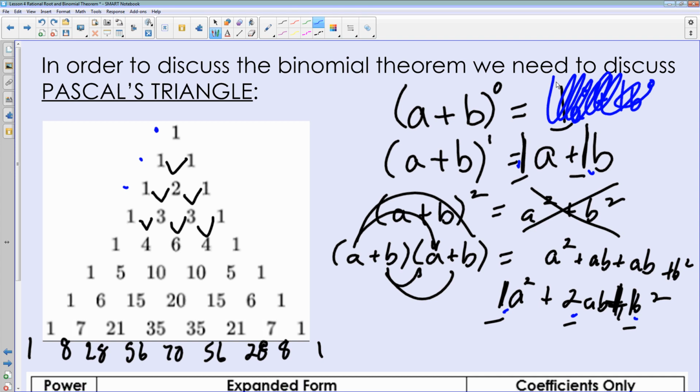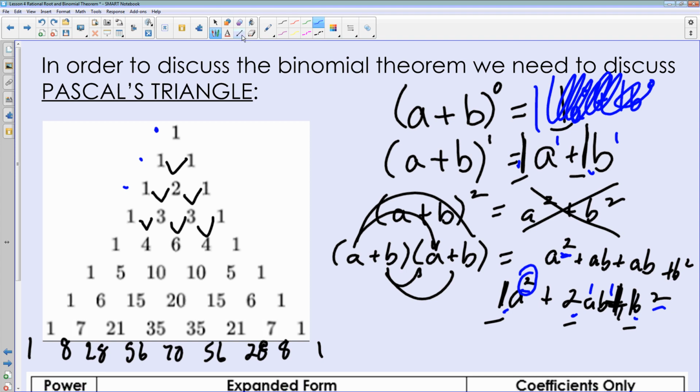So we get 1 out, but this is a to the first and b to the first. Well, this is a squared, and then it's a to the first, b to the first, and then it's b squared. So notice the a started at a squared, went down to 1, and then went down to nothing. The b started as nothing, went to 1, now it's at 2.